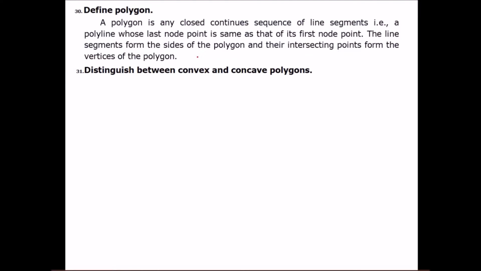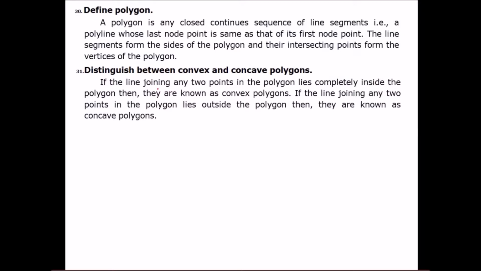Distinguish between convex and concave polygons. If the line joining any 2 points in the polygon lies completely inside the polygon, then it is known as a convex polygon. And if the line joining any 2 points in the polygon lies outside the polygon, then it is known as a concave polygon.